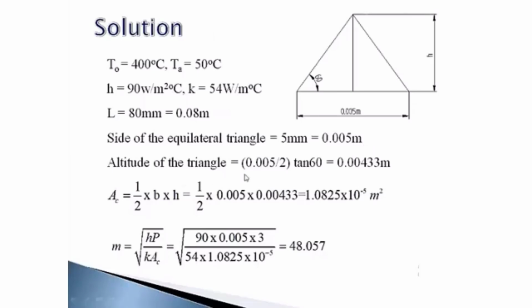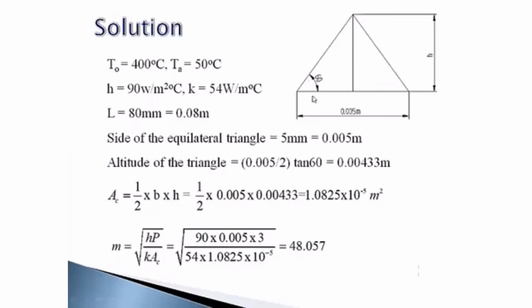Altitude of the triangle is, this is the altitude h, and h divided by 0.005 by 2 is equal to tan 60, since opposite side by adjacent side is tan 60.